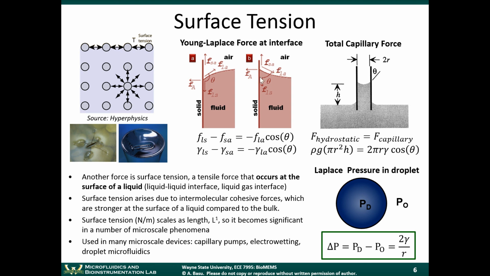We talked about contact angle earlier. So surface tension scales as the length. It's newtons per meter. The weight of the liquid scales as length cubed. Right? So as you go into smaller systems, surface tension can actually become more significant. And in fact, many microscale devices use surface tension for pumping. You can actually use it as capillary pumps, for example, electrowetting.